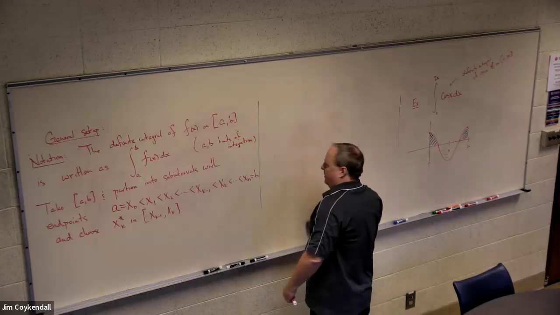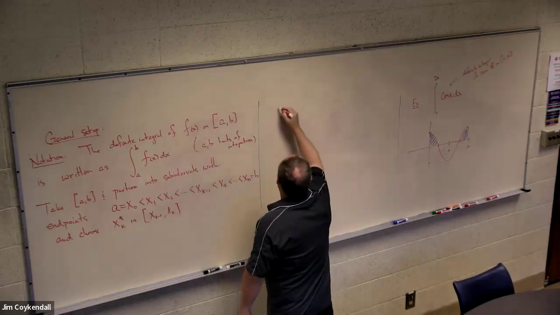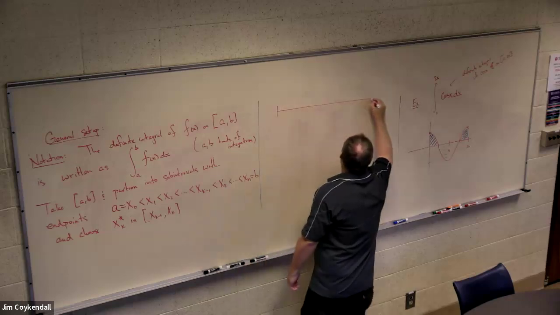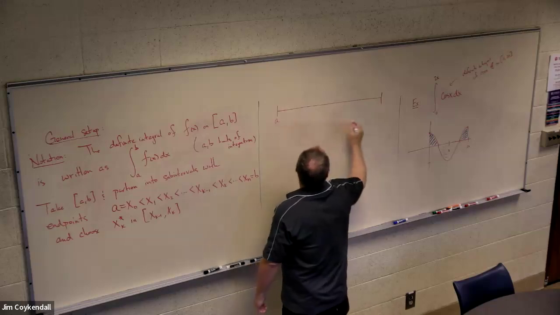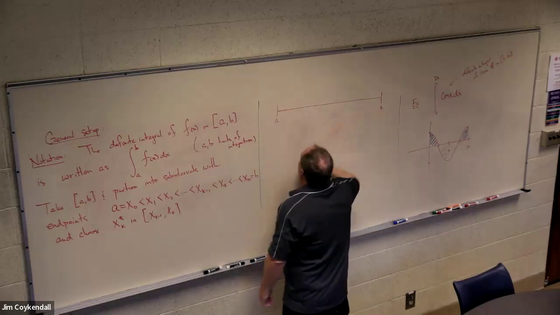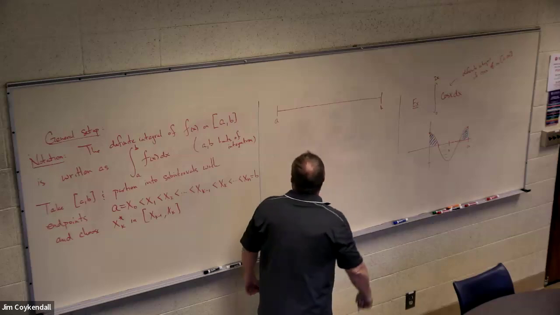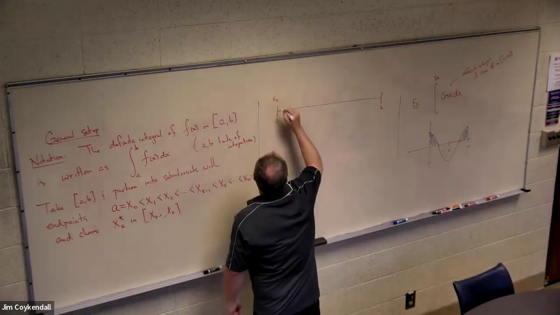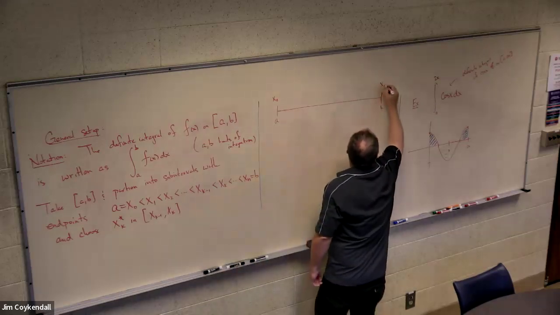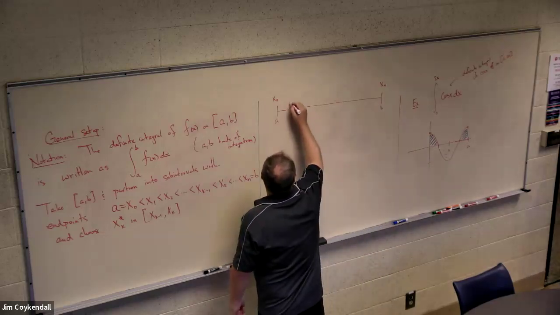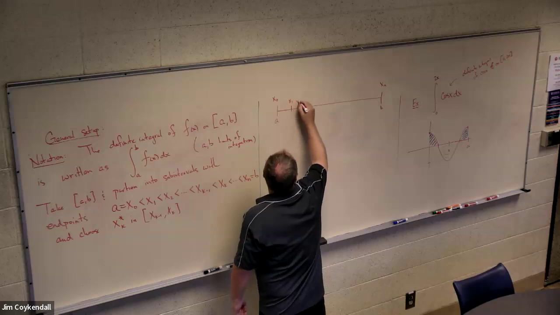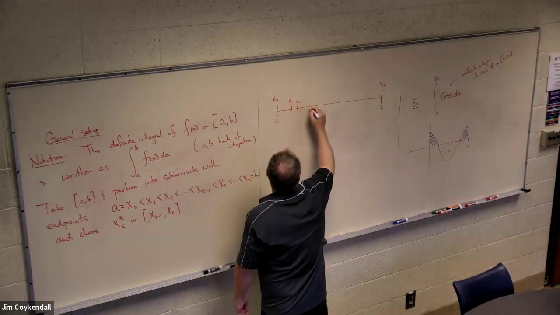So what we do is we take the interval from a to b, and we call this x_0. We call this x_n, just to keep with our other notation, and we choose the subintervals in here, not necessarily equal.